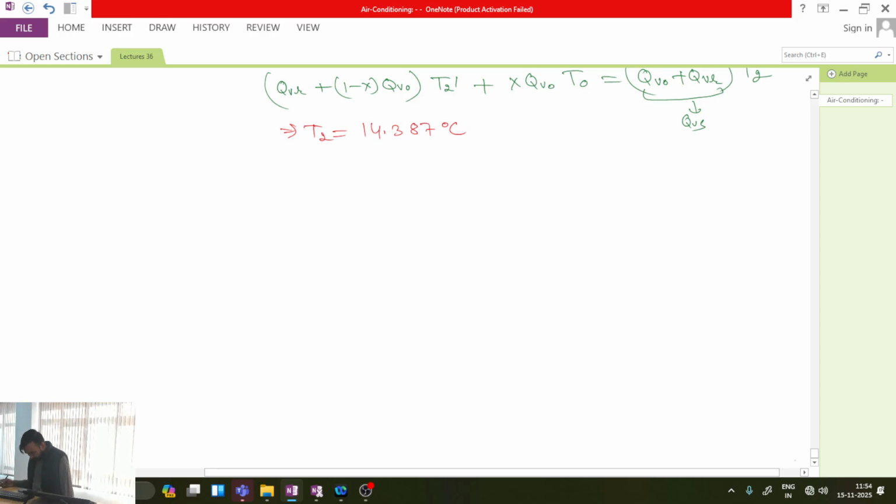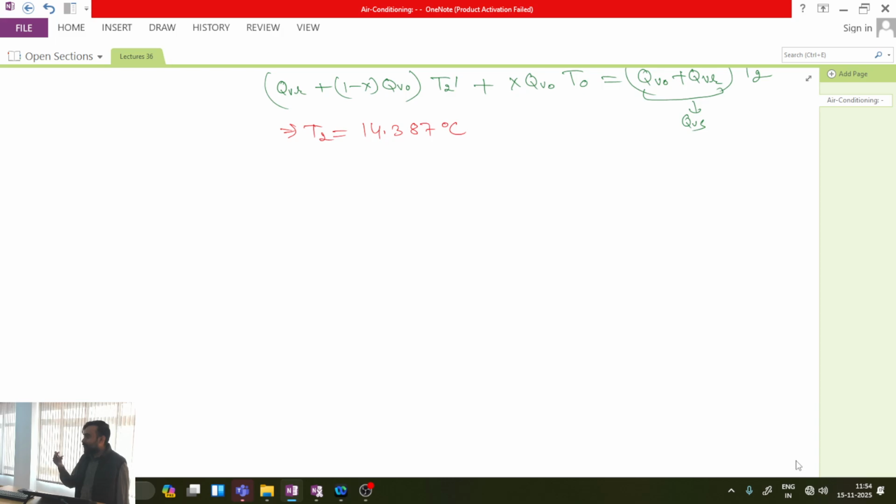Okay, now can you calculate RSH? Sorry, everything we have calculated, T2 also. Now the only thing left is the state at inlet of cooling coil.